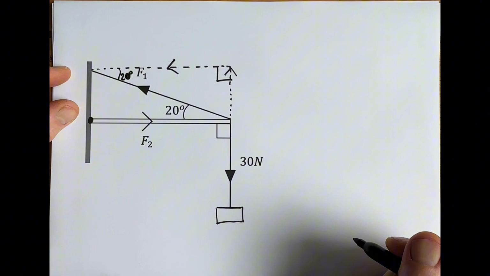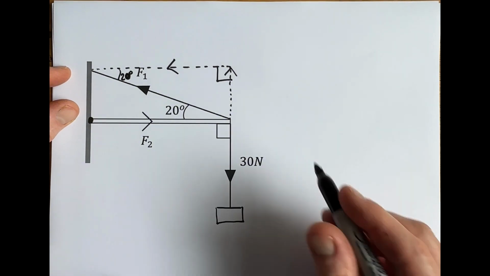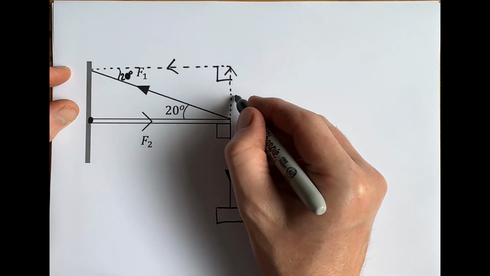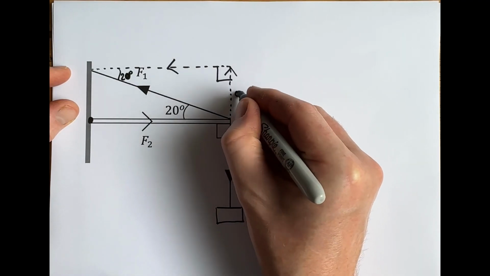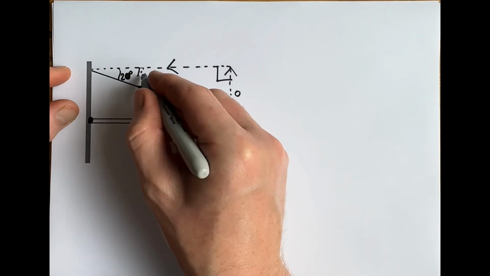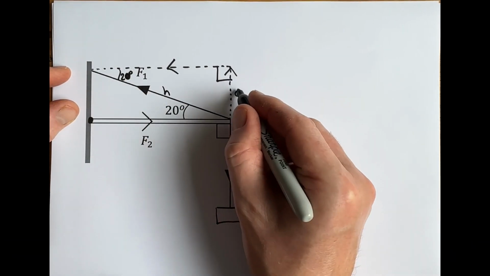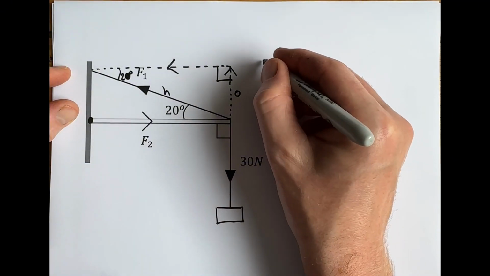So now that we've done that, we can work out the vertical component of F1. Okay, so this vertical component here is the opposite of that angle. F1 is the hypotenuse. So to work out this opposite here, we need to use sine theta.